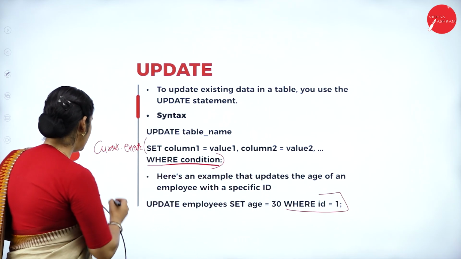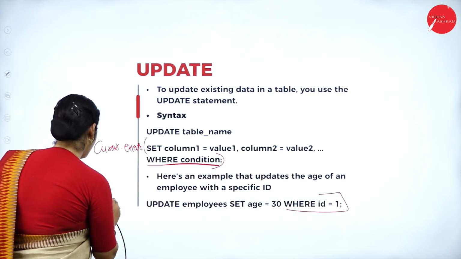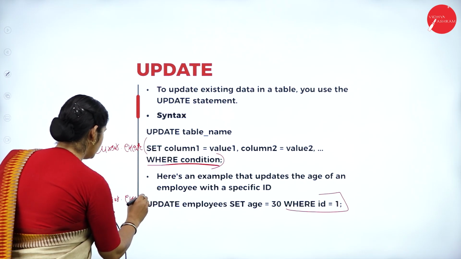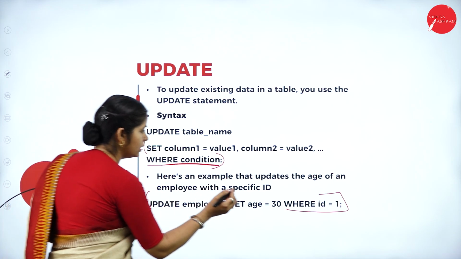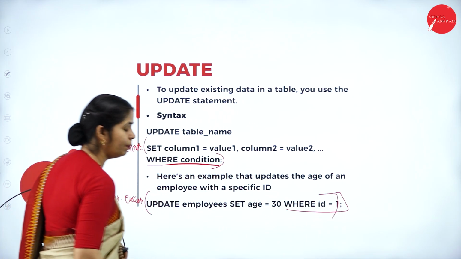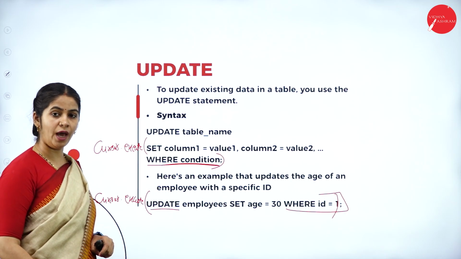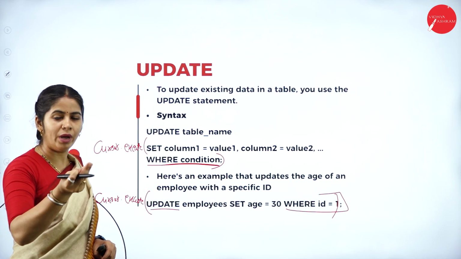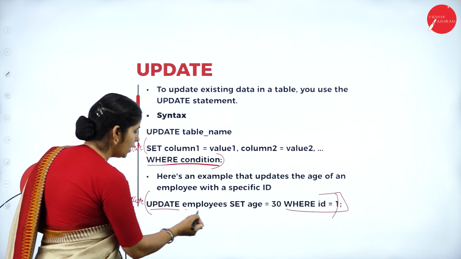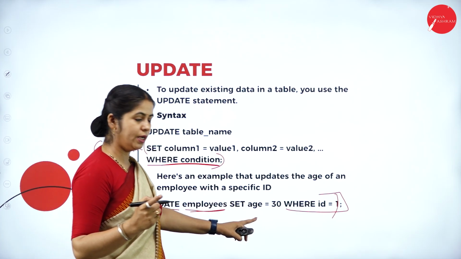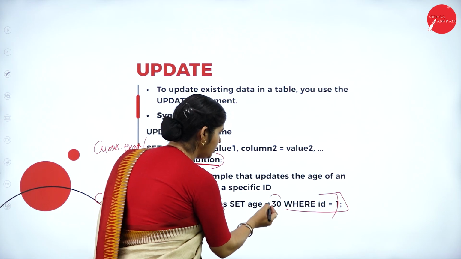Right. Update. This is cursor.execute. Within this execute, I am calling the UPDATE statement. UPDATE specifies that we have to update one particular field in the employee table, and set that field, the age, to 30.